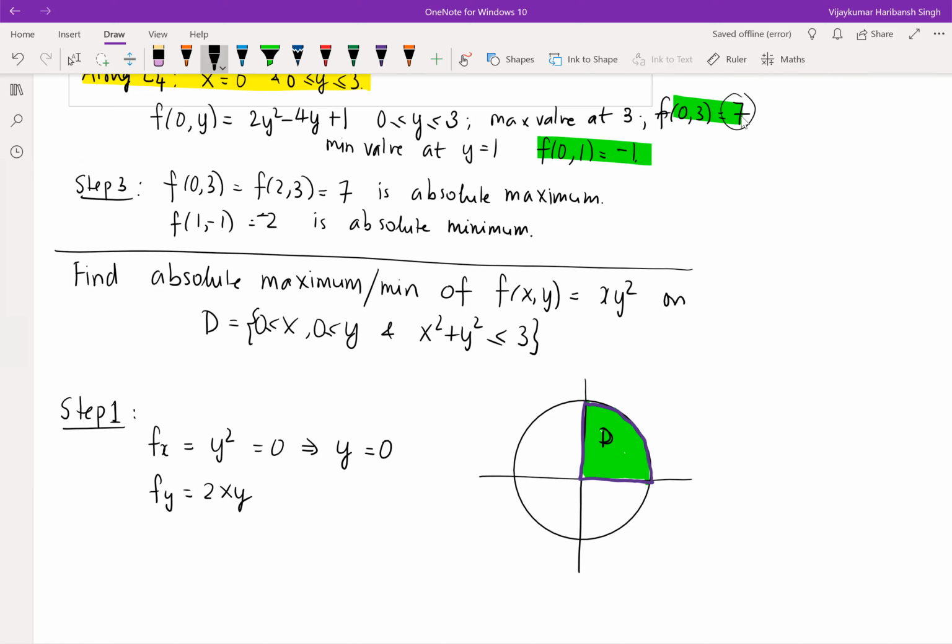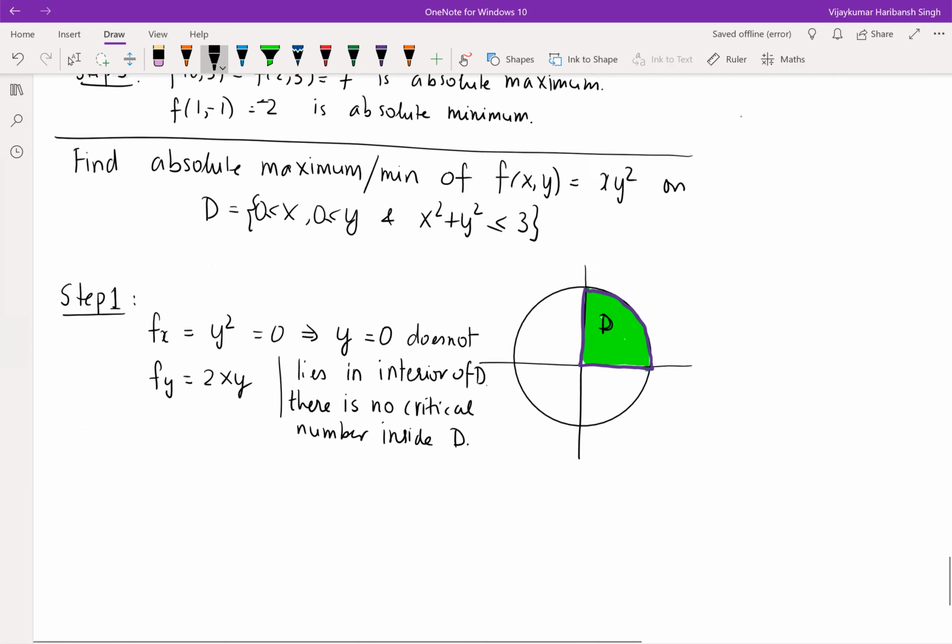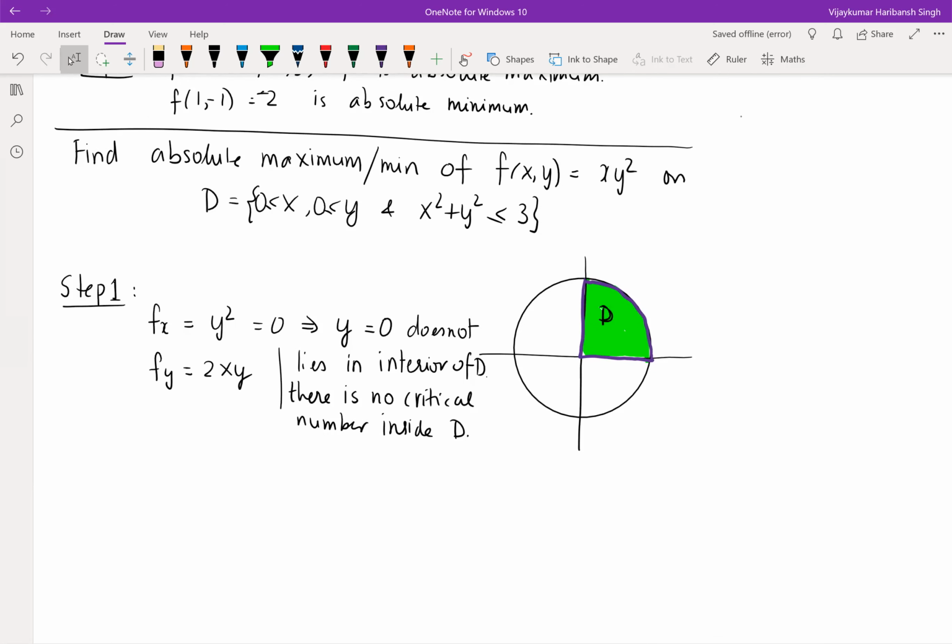Now note that y equals 0 does not lie inside D. When you say inside D, it has to lie in the interior of D. So there is no critical number inside D. So we don't need to worry about the critical point.